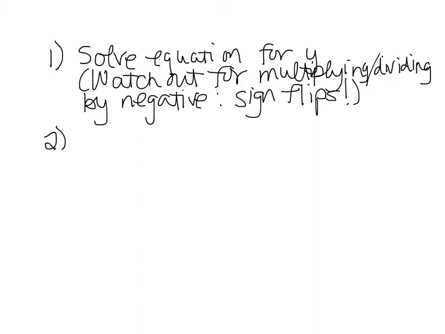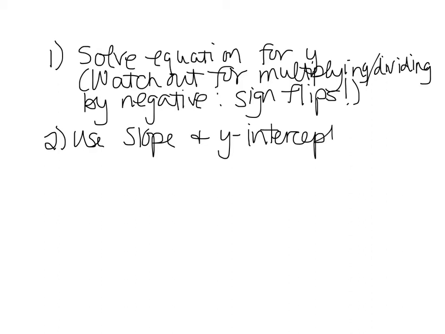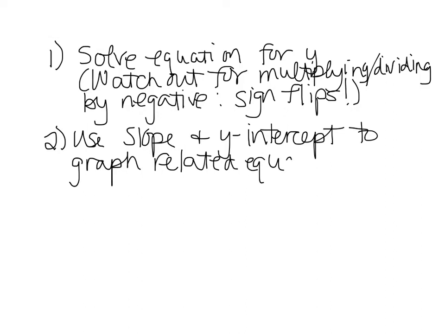Second, you're going to use the slope and the y-intercept to graph the related equation. What I mean by that is we solved the problem y is greater than or equal to x plus 3.